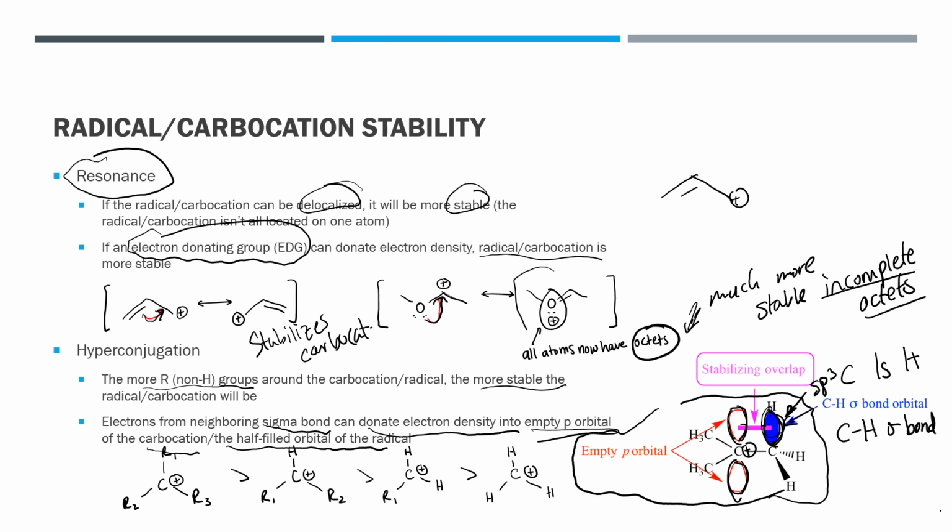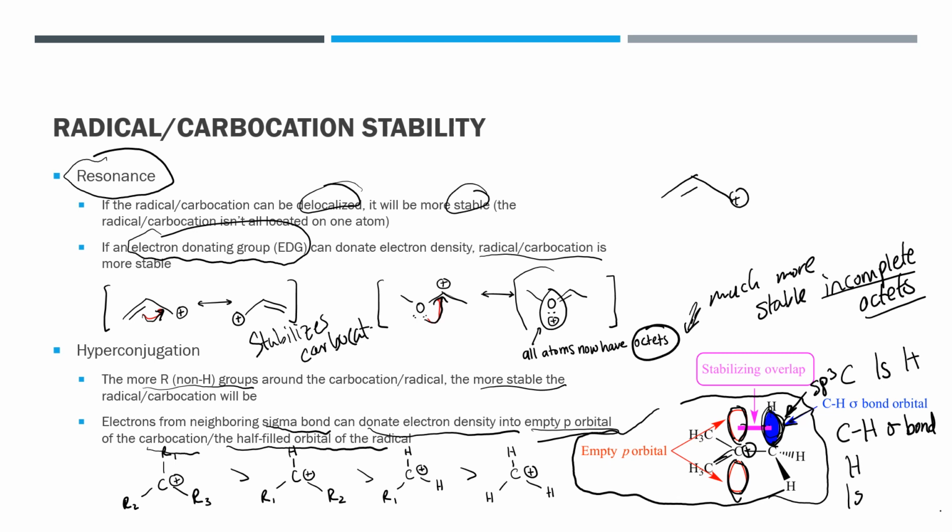And the more R groups, so the more carbons I have next to the carbocation, that means the more sp3 orbitals I have to donate electron density to that p orbital. If we just have a hydrogen though, remember hydrogens only form bonds using the overlap of 1s orbitals.